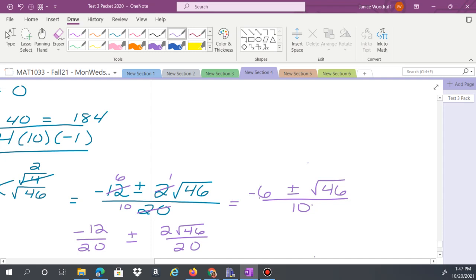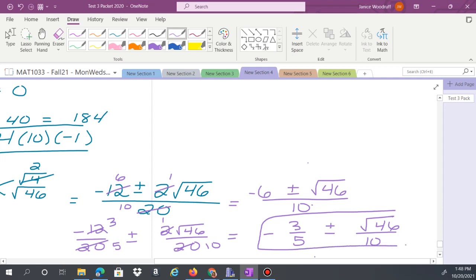I don't know if it would accept the answer because it's still not fully reduced there. So I'd probably break it up like this. Those can both be divided by 4. So 3 and 5. And then these, 1 and 10. So negative 3/5 plus or minus the square root of 46 over 10. There's our fully simplified answer.